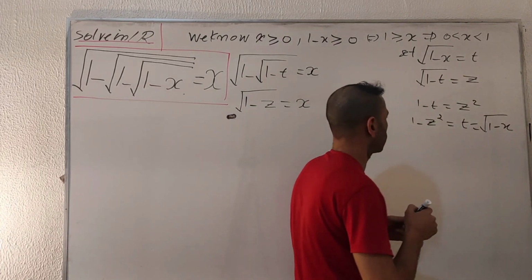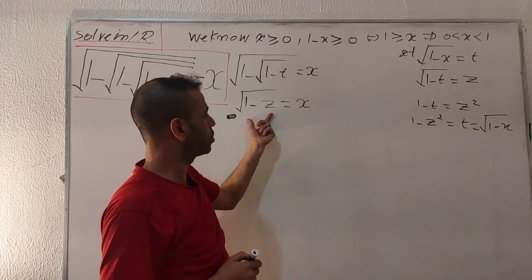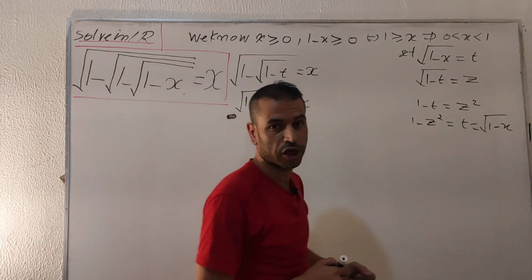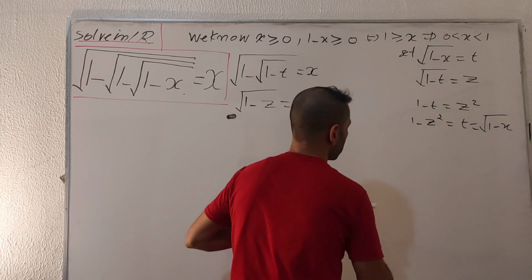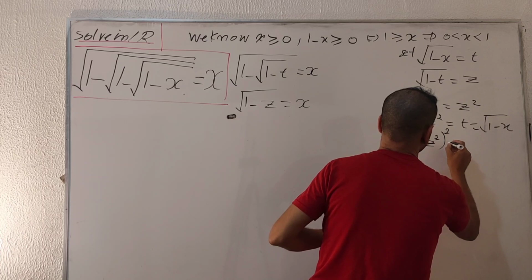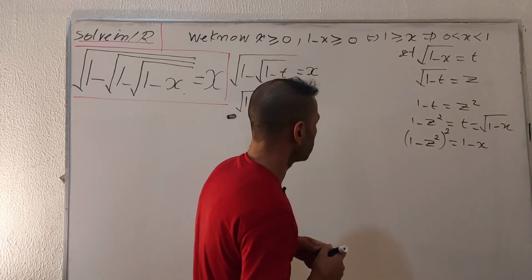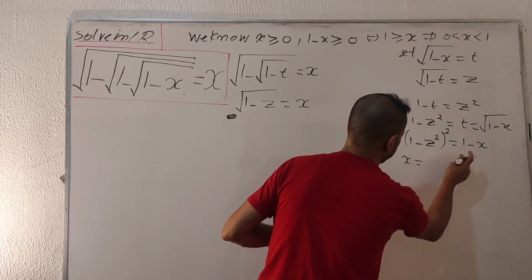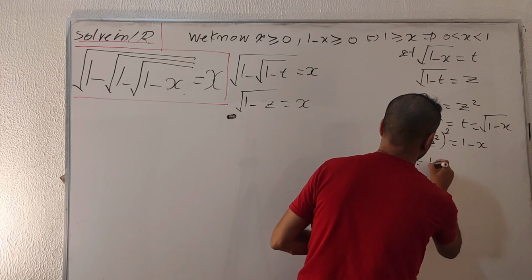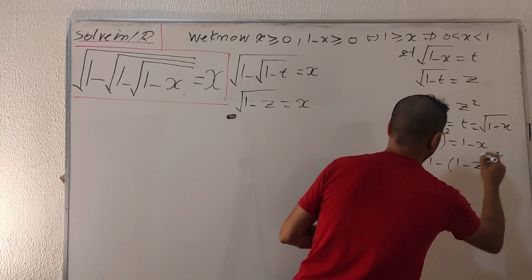Also, if you take a look at this equation, we get x here. Let's square both sides to extract x. By doing that, I get 1 minus z squared, all raised to the power of 2, equals 1 minus x. Taking minus x to the left and moving this one to the right, I get x equals 1 minus z squared, all raised to the power of 2.